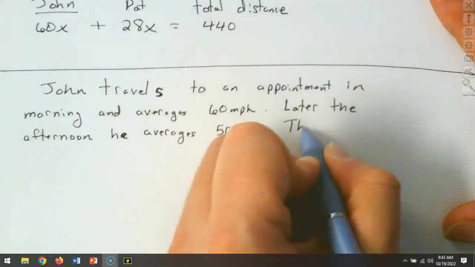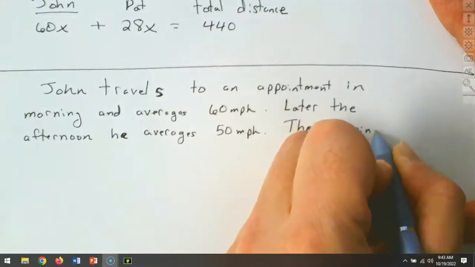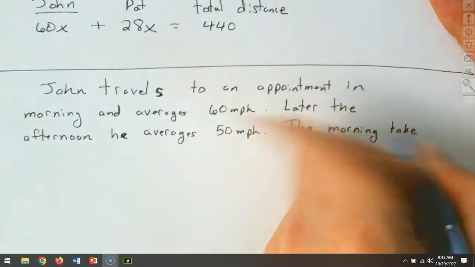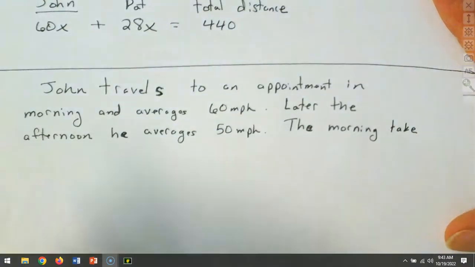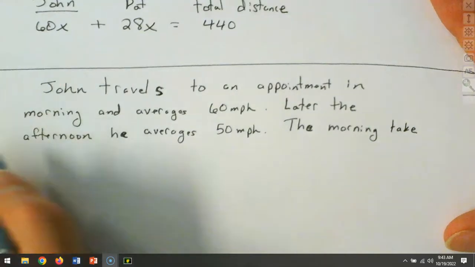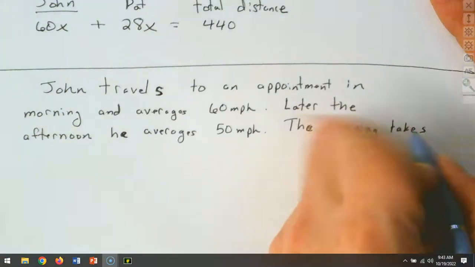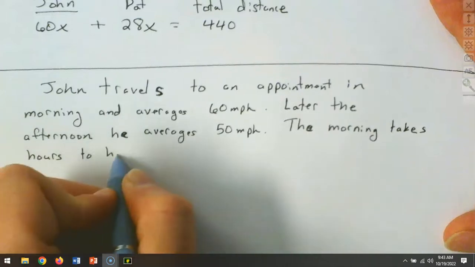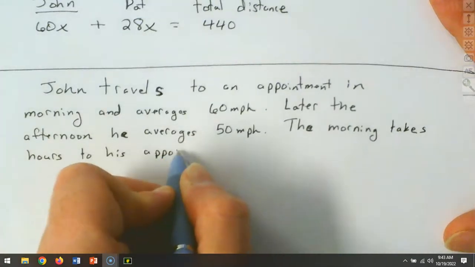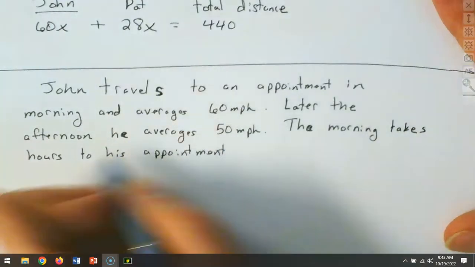So let's say the morning takes 3 hours to travel to his appointment. How long will it take in the afternoon to drive back?